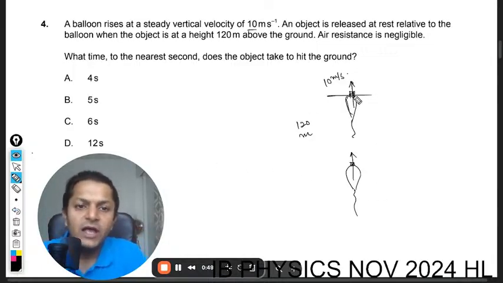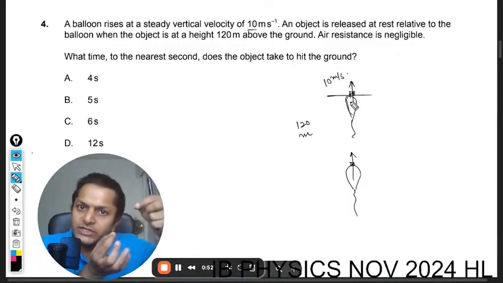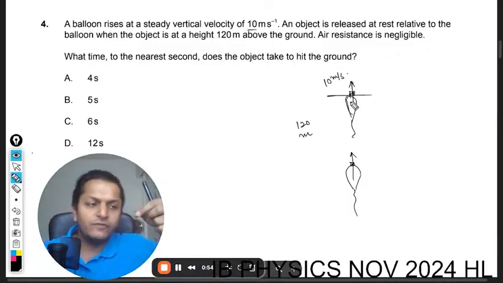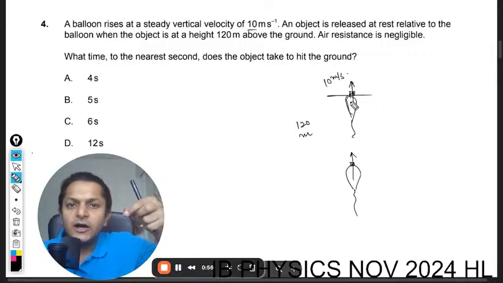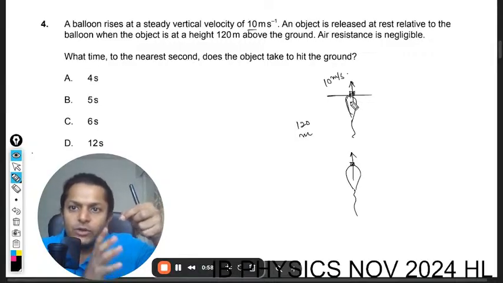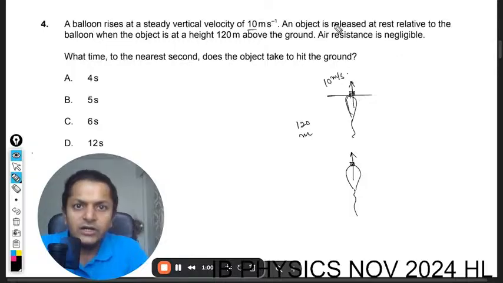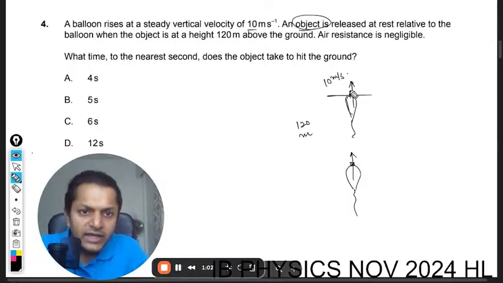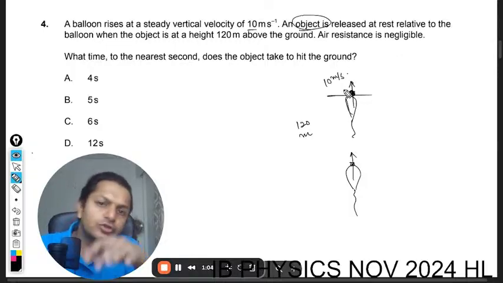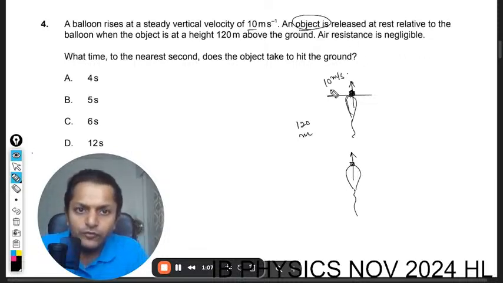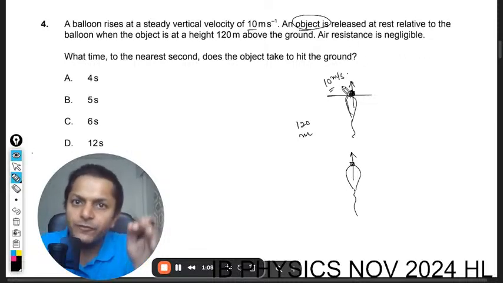As soon as it loses contact with the balloon, we can forget the balloon and just consider the stone here. Now what is happening? The object has jumped out of the balloon with the speed of 10 meter per second in the upward direction.